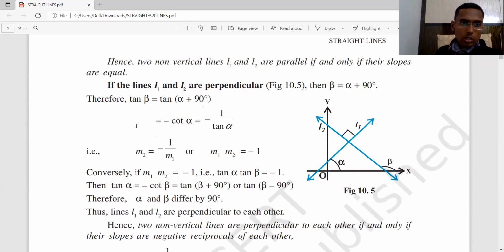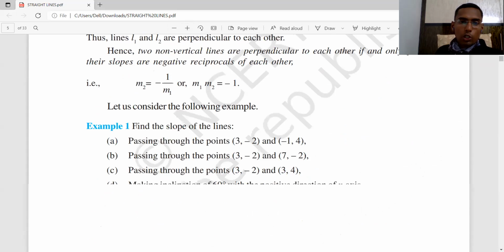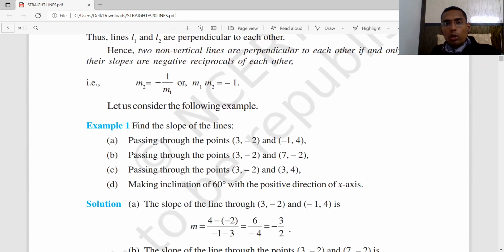If you want to be thorough, you should be able to do any problem at any time. Being thorough with the subject means you should know everything. It's not that you skip a proof or skip something else. Whatever is in the textbook, you should learn.